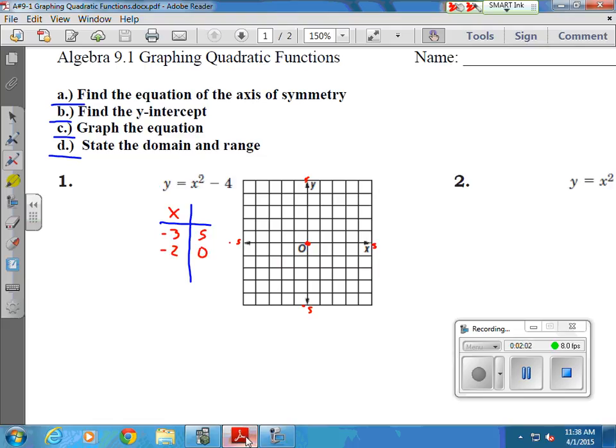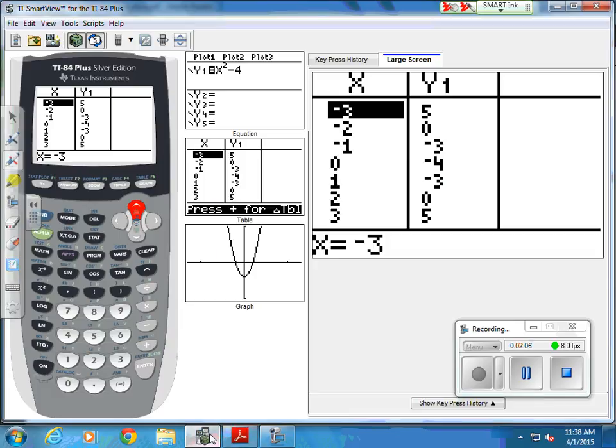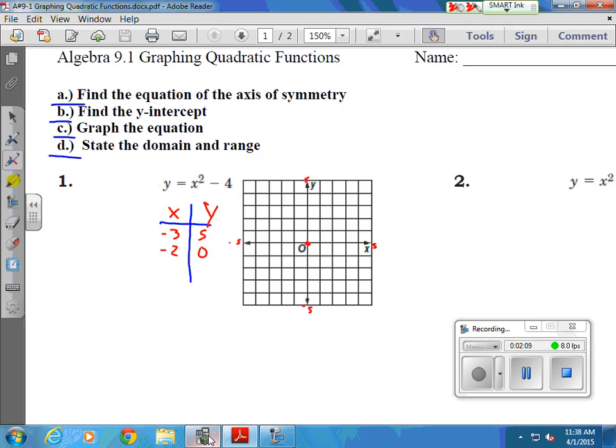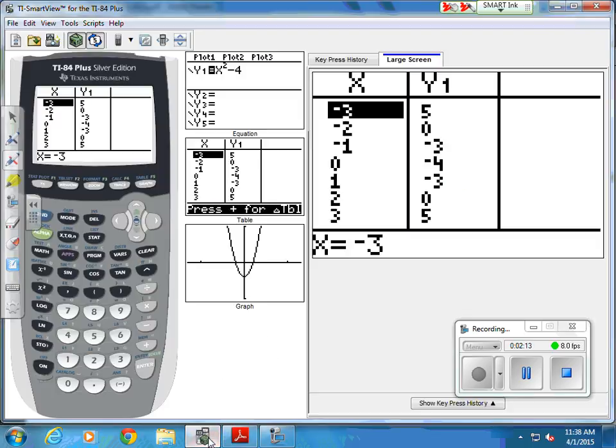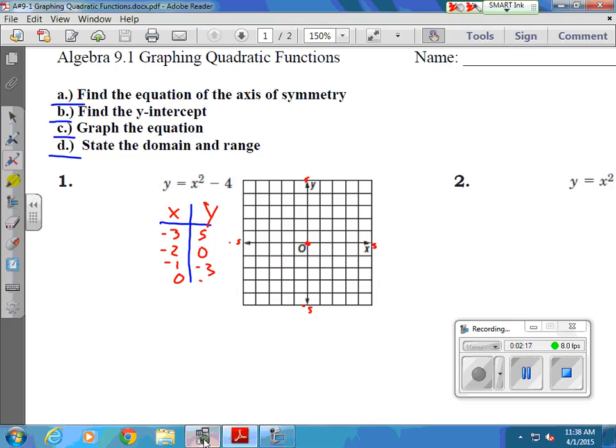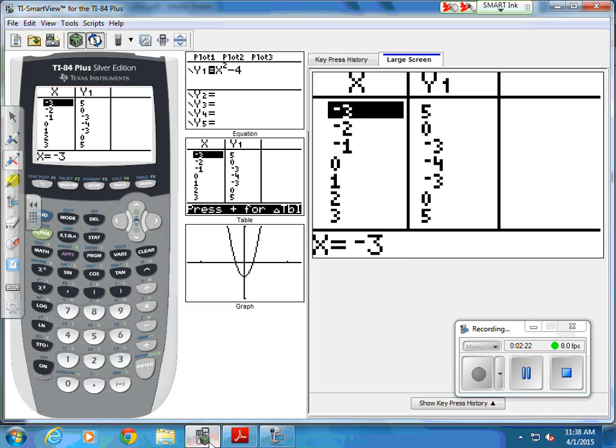This is x and y. Negative 1, negative 3. Zero, negative 4, 1, negative 3. 2, 0, and 3, 5.